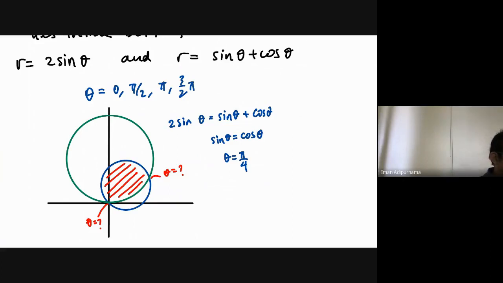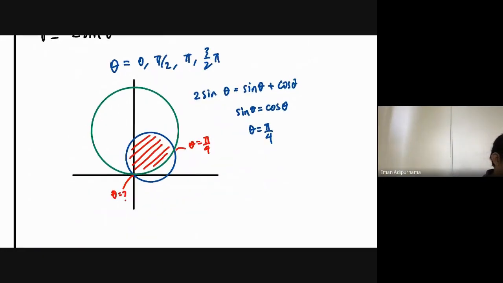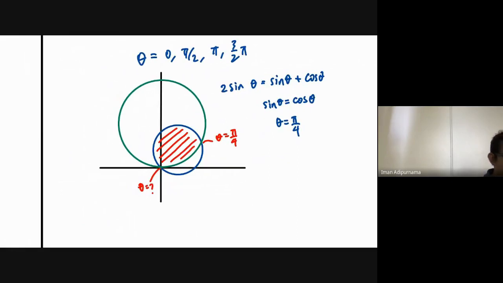So this will be pi over 4. And also at this origin, this will be theta equals 3 over 4 pi.